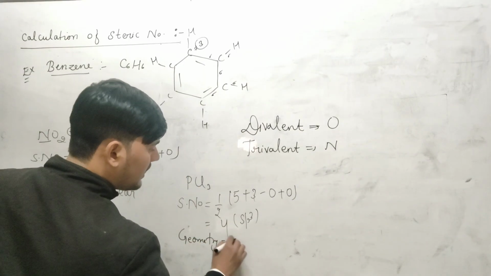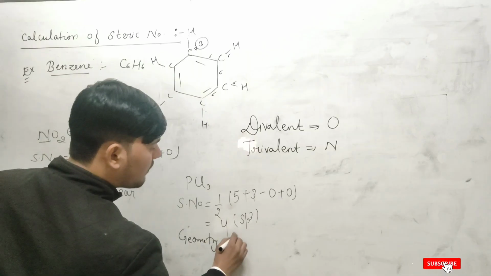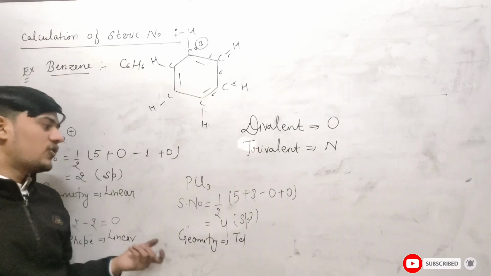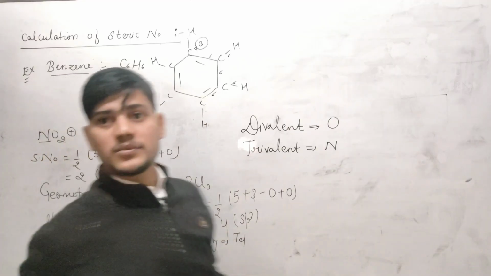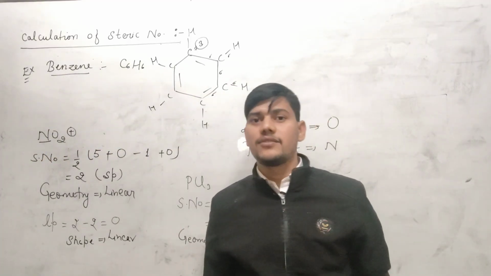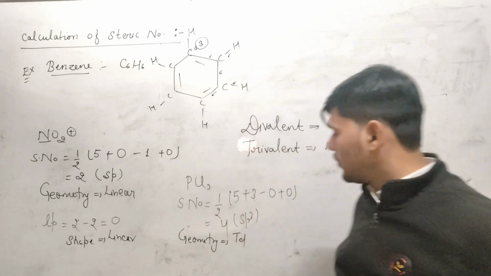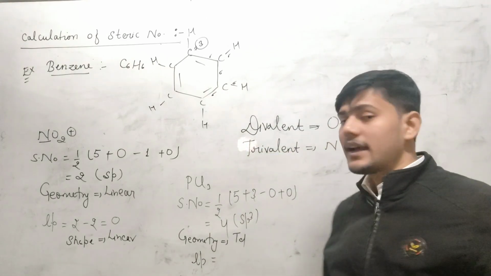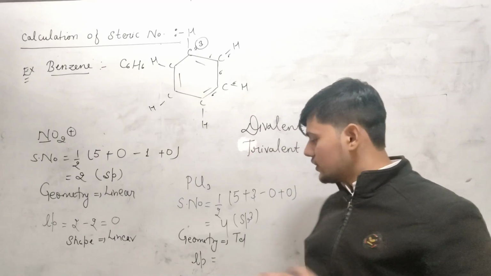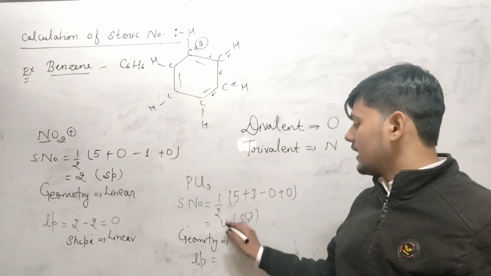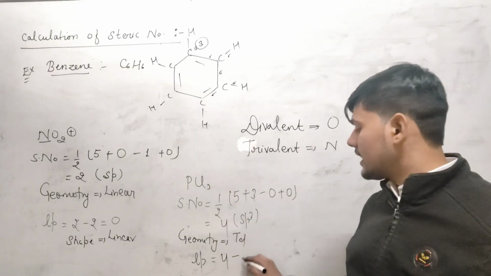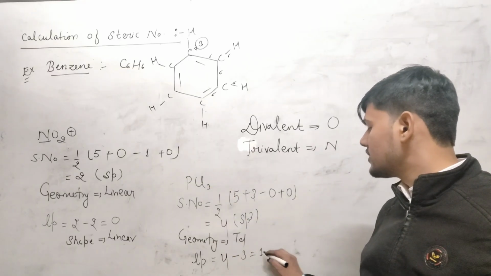The geometry will be tetrahedral because geometry is bond pair plus lone pair, but the shape can be different. So what will be the shape? For the calculation of shape, we will first calculate the lone pair. Lone pair is equal to steric number minus number of side atoms. The steric number is 4 and there are 3 side atoms. So 4 minus 3 is equal to 1.